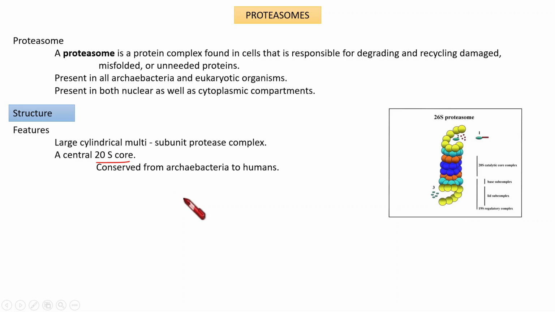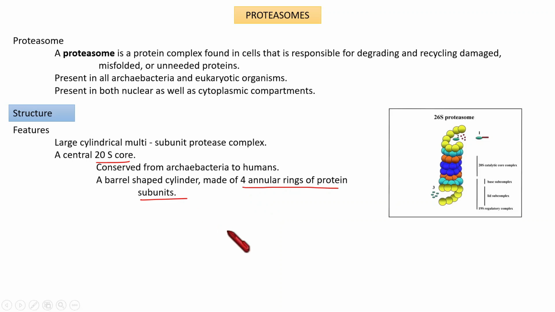So that is one important feature, and its shape is barrel shaped and it is composed of four annular rings of protein subunits. From this red to here, these are the four rings: 1, 2, 3, 4.